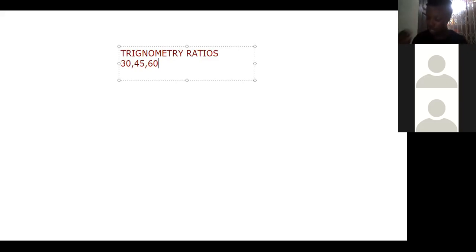Now, when I'm given something like this, I will still have to draw my triangle. That's one thing they do, just so that you can be able to say some of the values of the identities offered, given some of the angles.